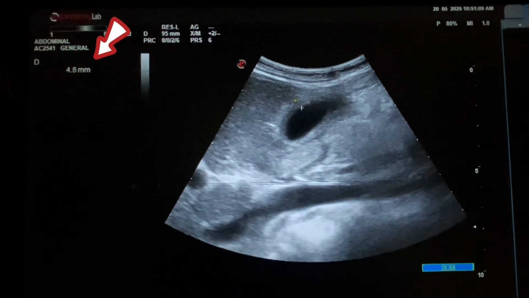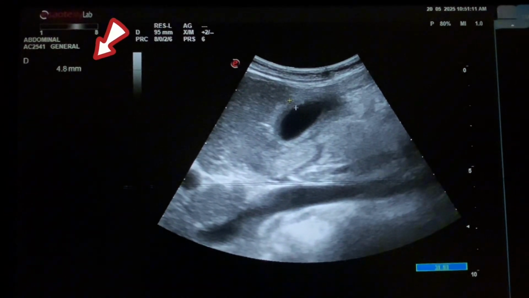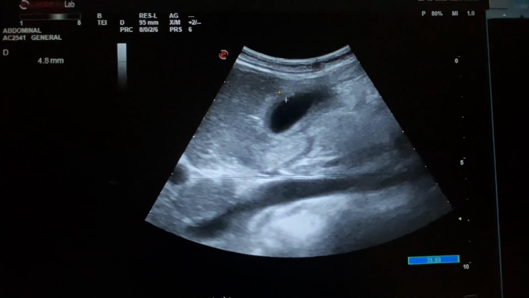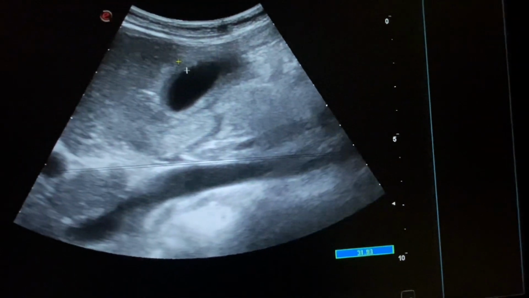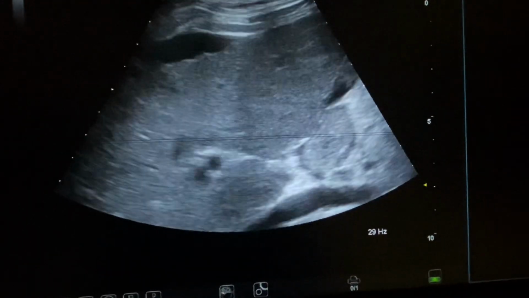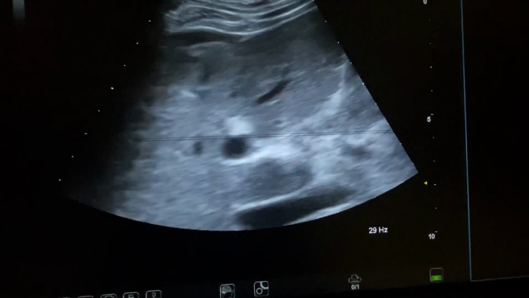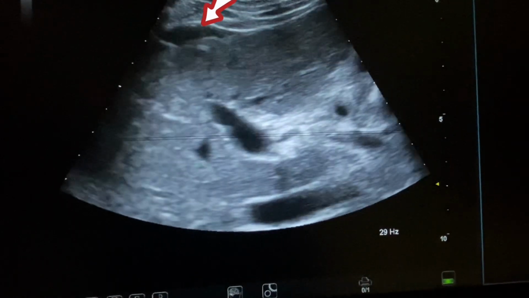The gallbladder wall thickness is 4.8 millimeters, but the normal wall thickness of the gallbladder is 3 millimeters. So this thickening occurs due to chronic inflammation. Here we see free fluid.